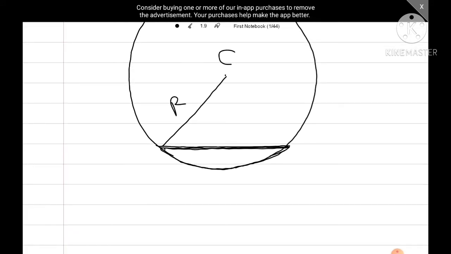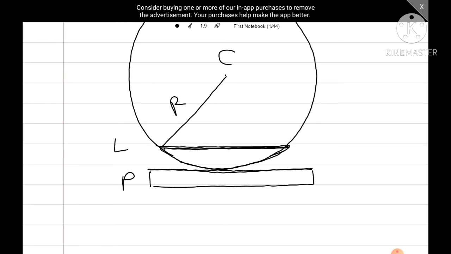Now this plano-convex lens is kept upon a plain glass plate. So this is a plain glass plate P, this is the plano-convex lens L. So in this way we have got the experimental setup again. Capital R is the radius of curvature.